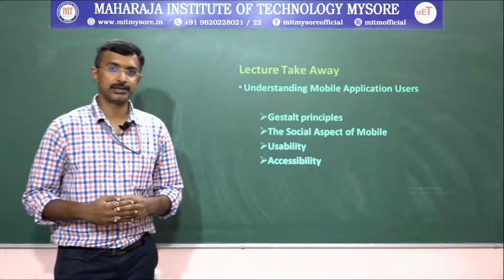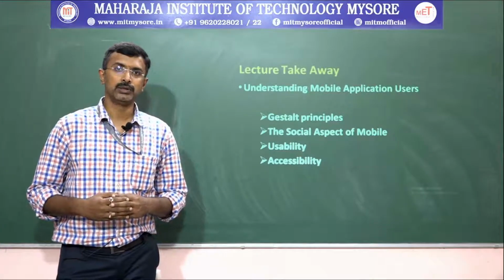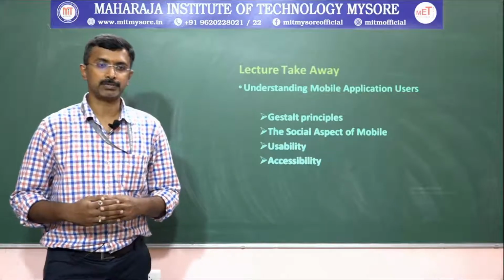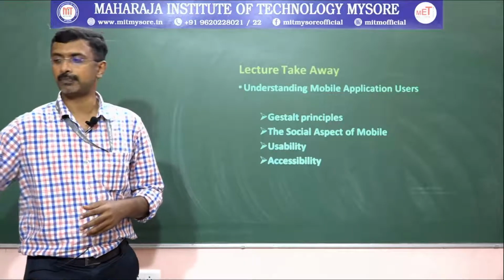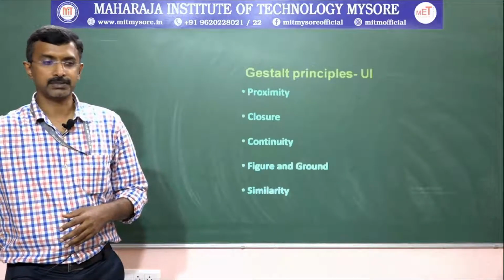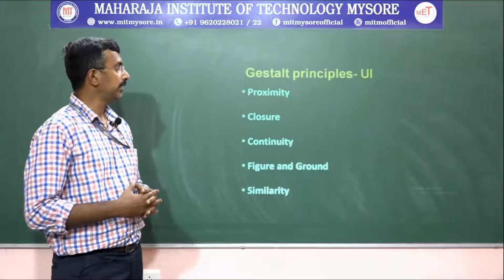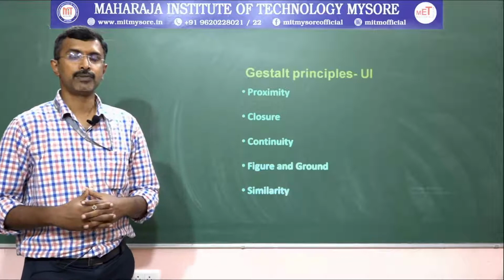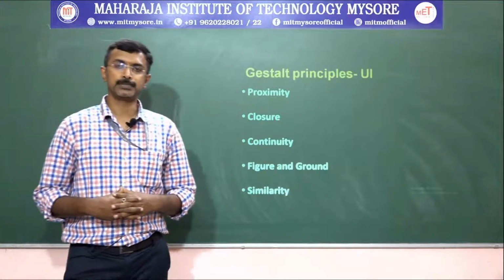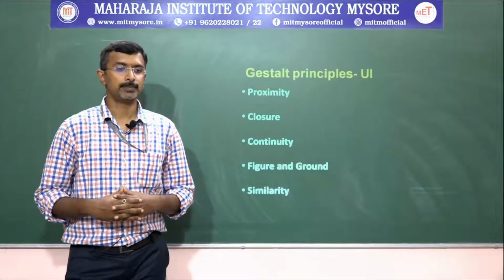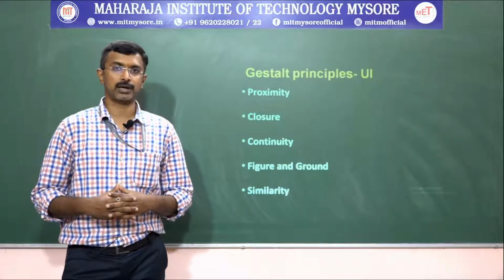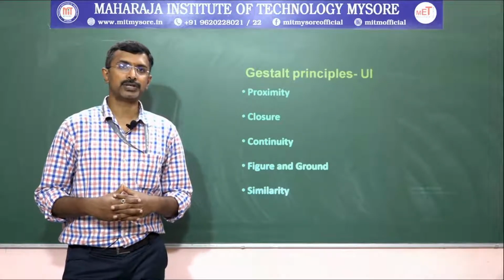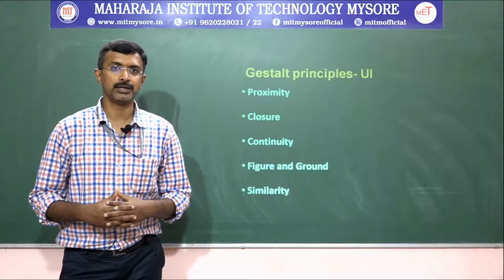So with this in mind, we will recall the UI principles, which we call the Gestalt principles. There are 5 principles: proximity, closure, continuity, figure and ground, and similarity. We already looked into these principles in the previous class. The main purpose of these UI principles is, if you want to convey something, it should be fine-tuned.